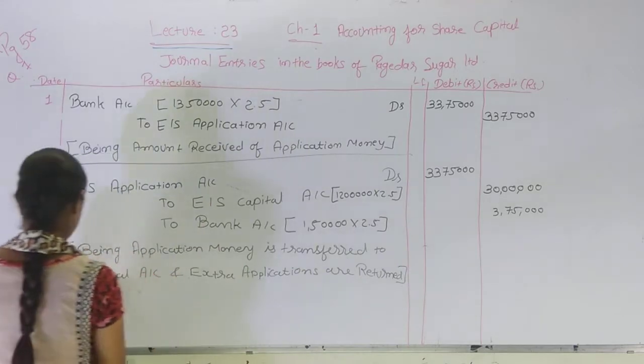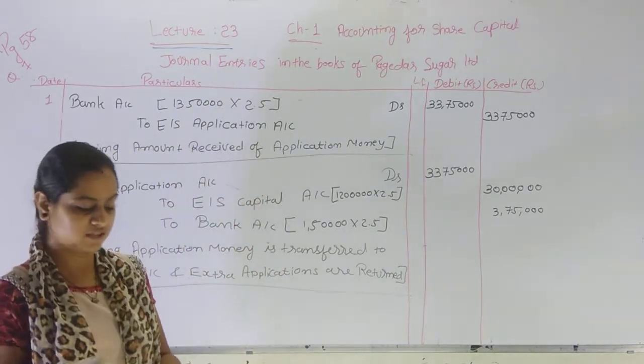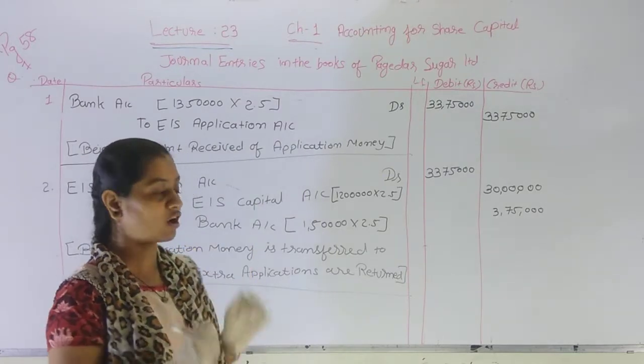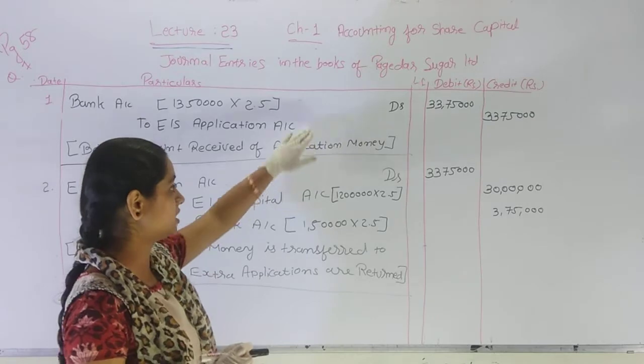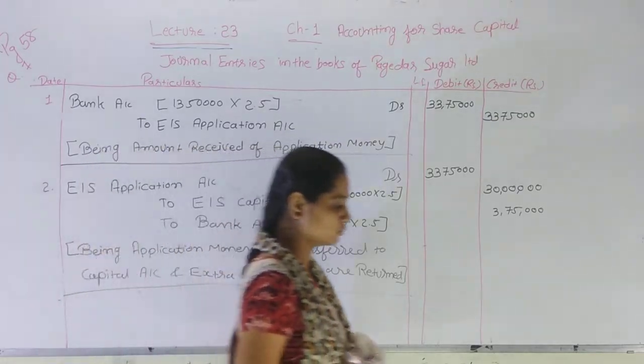Right? Here the first two journal entries are completed. See, by doing this much sum, you know that the format will remain the same, only the amount will change, right? Write down this two.